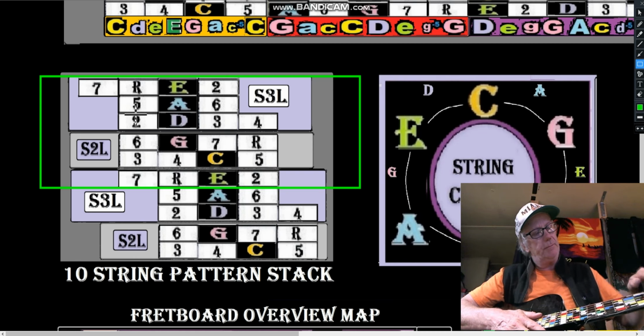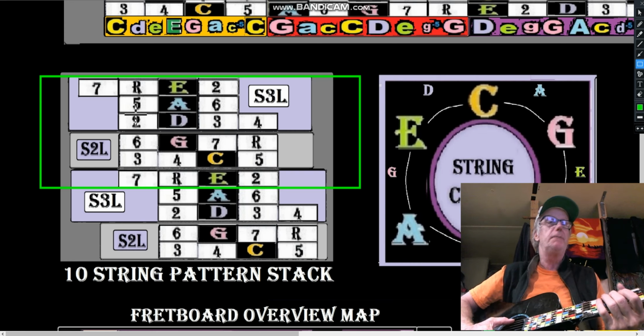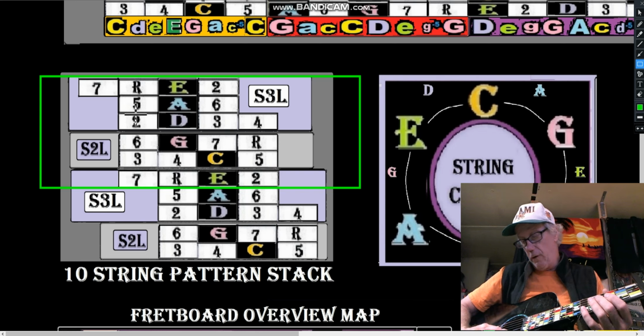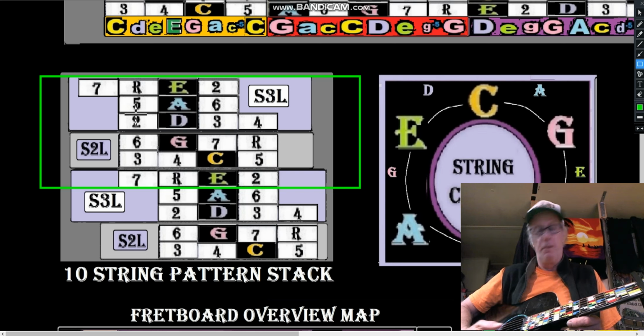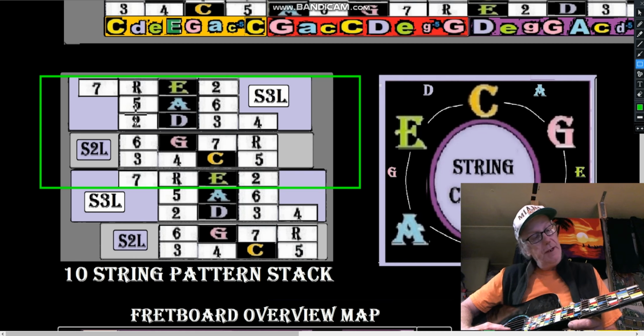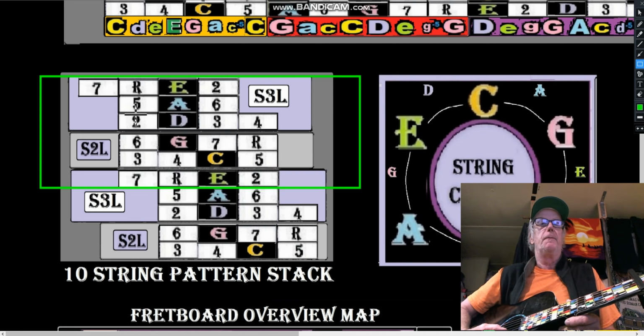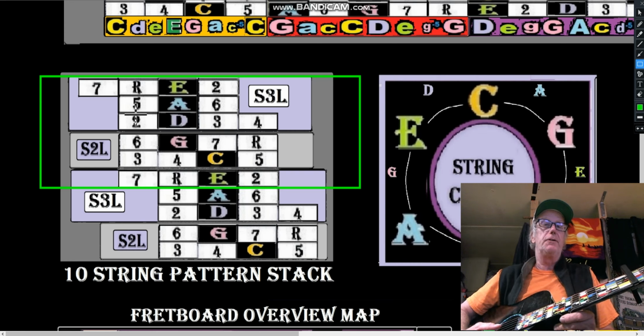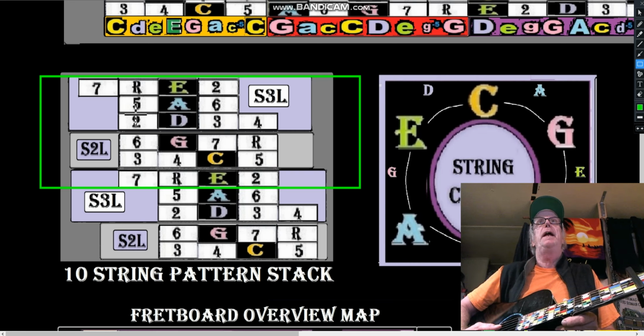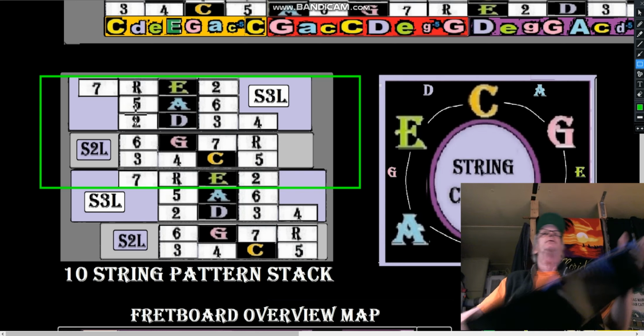We have perfect fourths on the bottom 4 strings, and also on the top 2 strings we have a perfect fourth, but we have a perfect third or a diminished fourth between the G string and the B string.